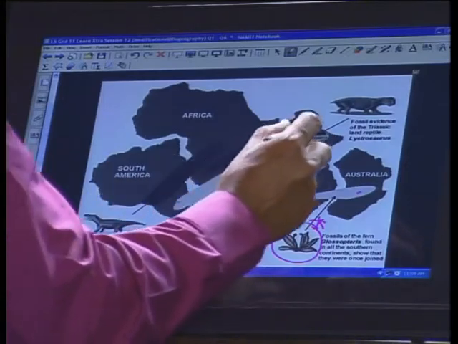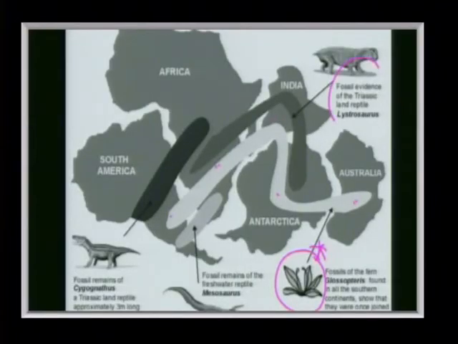Look at Lystrosaurus as an example. So if you follow Lystrosaurus here, you can see, following this mass here, it indicates that it was present here in Africa. It was present at the same time in India, and then also in Antarctica. So those are just two of the examples, and these are the things that you pick up.